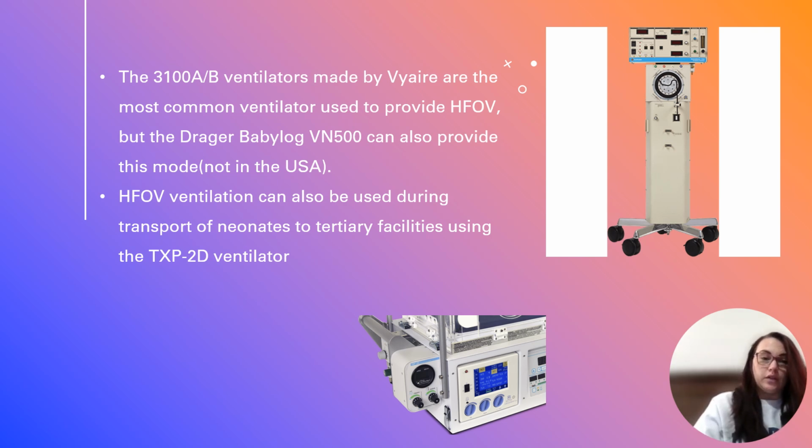But in the UK and other European countries, the Draeger Babylog VN500 can also provide high frequency ventilation. I also do transport, and on our transport isolette, we have the TXP2D ventilator, which is essentially a transport oscillator, but instead of using a piston, it uses a sliding venturi with a flow interrupter.